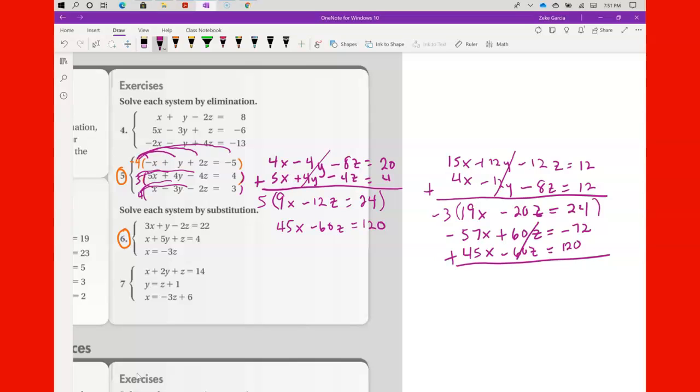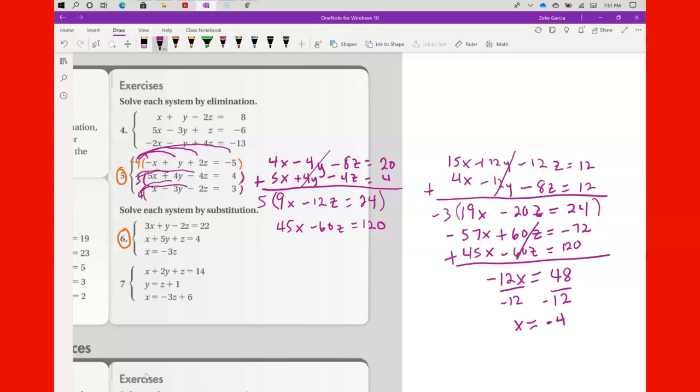So I have negative 57 plus 45, which gives us negative 12x equals negative 72 plus 120, which gives you 48. Divided by negative 12, so x equals negative 4.